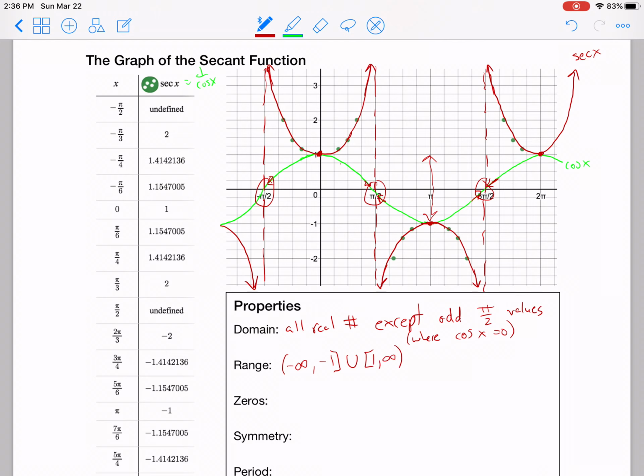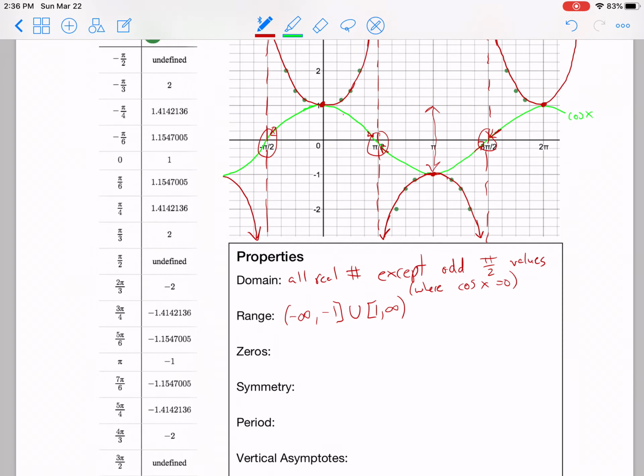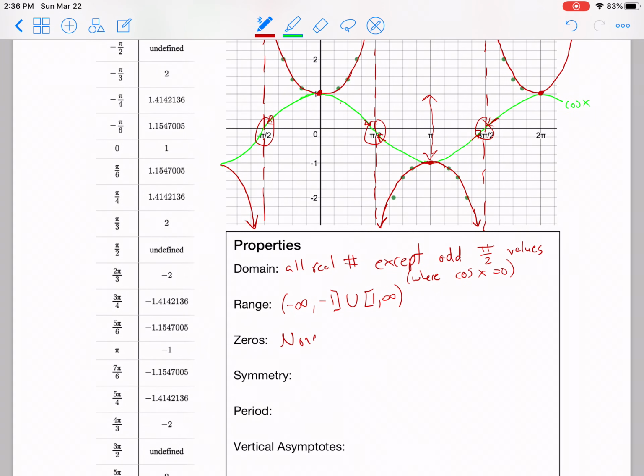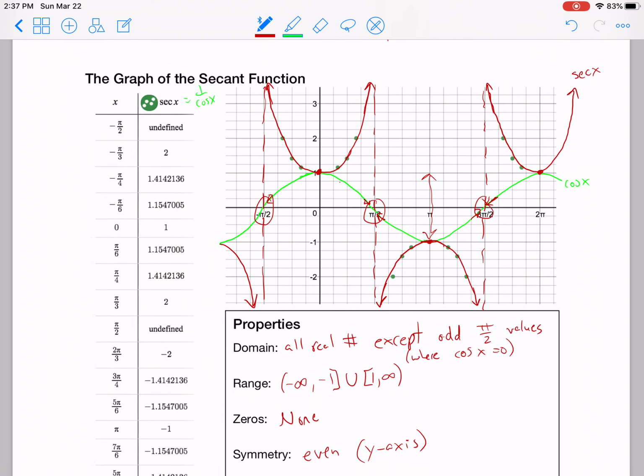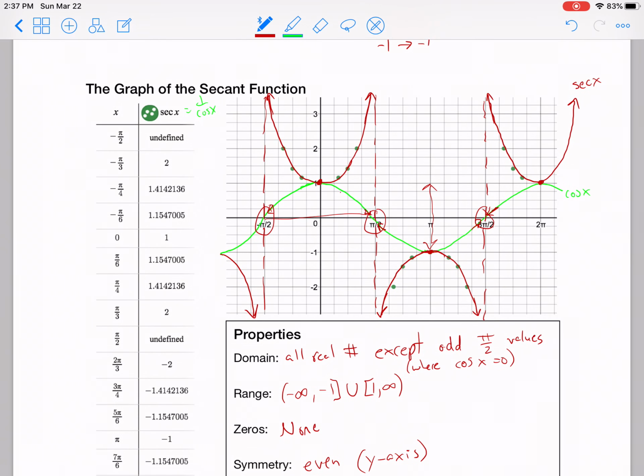So just like that. Zeros, we have none. We have no zeros. This does not cross the x-axis at all. Our symmetry is even. So the y-axis is our axis of symmetry. It just mirror images across it. We have a period. If you'll notice, you almost are tempted to say the period is pi over 2 from here to here because that's where our U shapes are, but we need it to fully repeat.